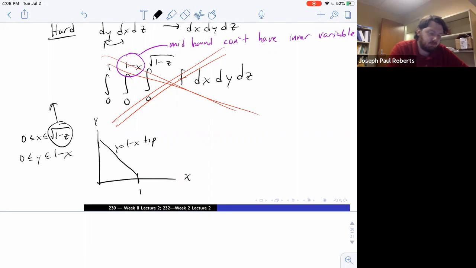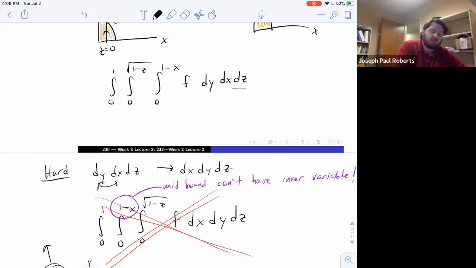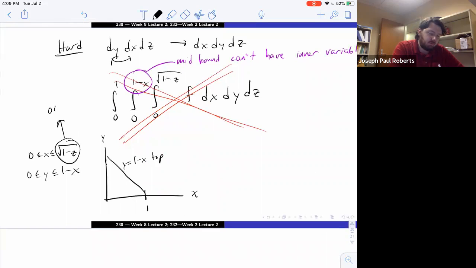So this is the one time where we kind of look at the z bounds on the outside. So when you look at this here, z is between 0 and 1, which means that if z is between 0 and 1, so is the square root of 1 minus z.